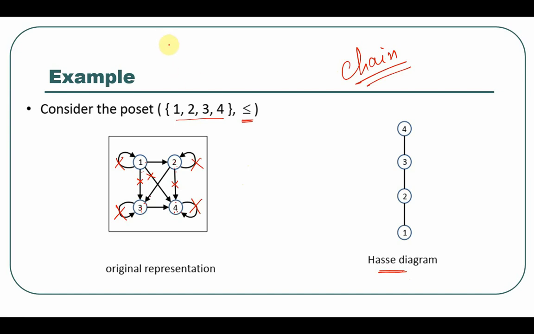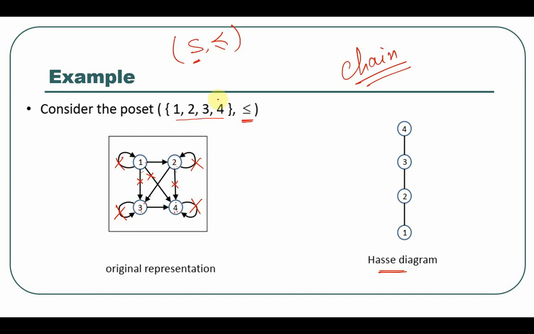A totally ordered relation is when I am defining a partially ordered relation on a set S, and if any two elements I take from the set are comparable, that means if I take any two elements A and B, either A should be related to B or B should be related to A. So if this property exists between any two elements of the set, then it is called a totally ordered relation.